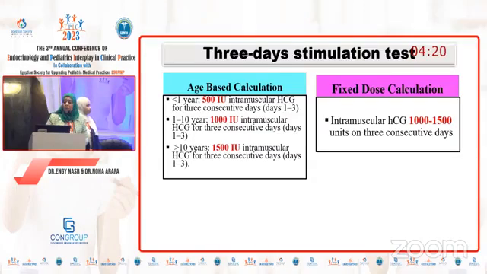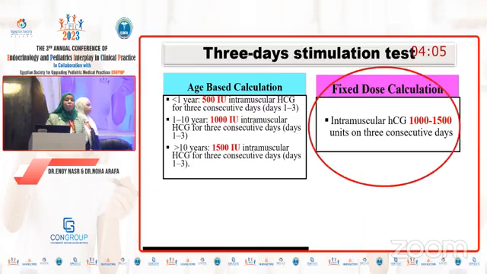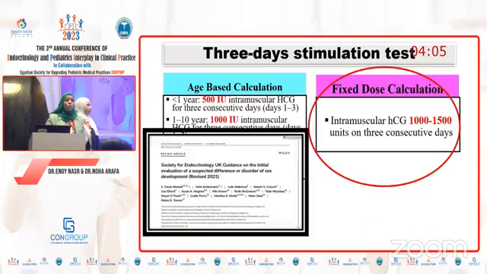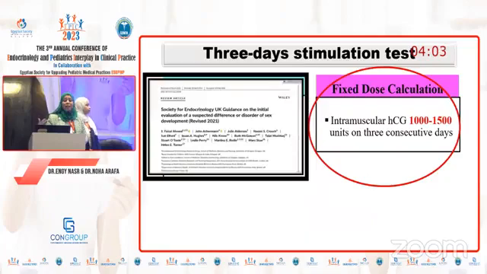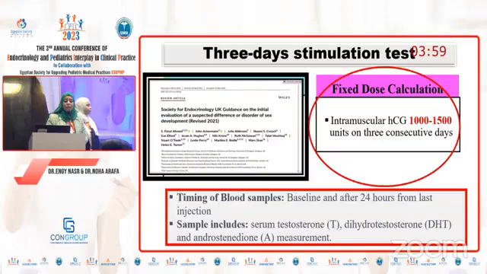And we have the fixed dose calculation, which is ranging from 1,000 units per day for the infant and 1,500 units for the older age on 3 successive days. And this method is advised by the DSD. The time of the blood sample is based from the last injection.